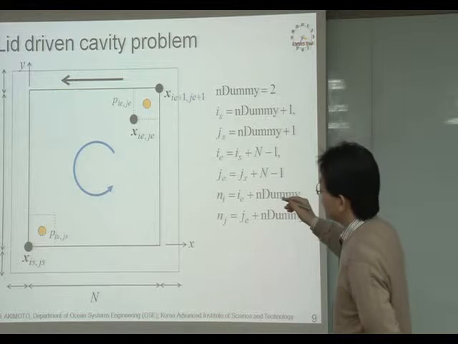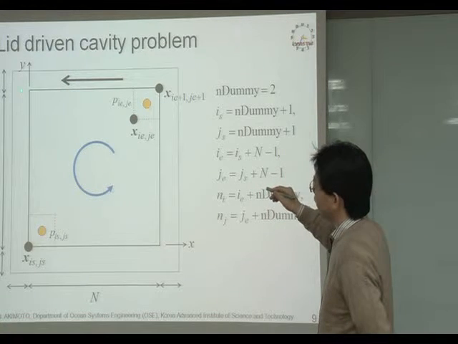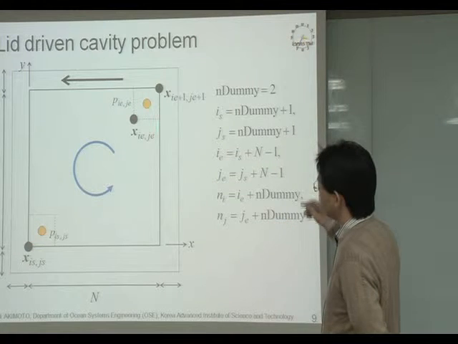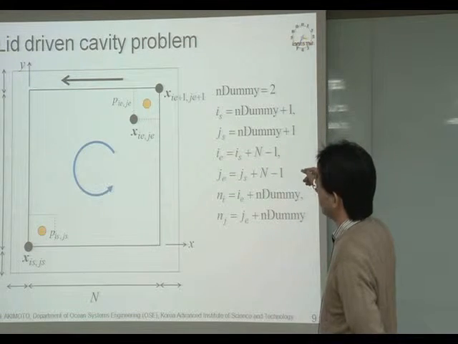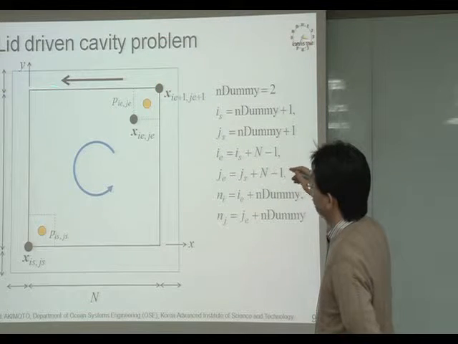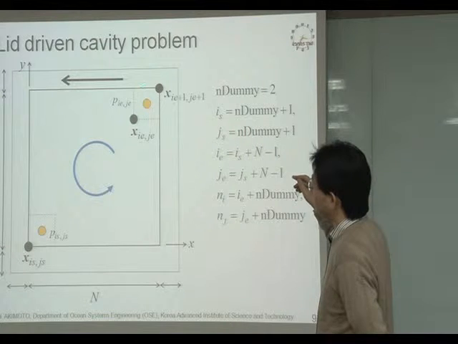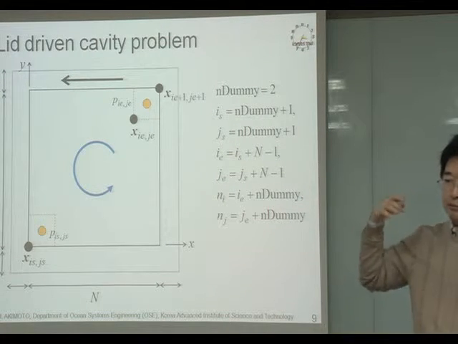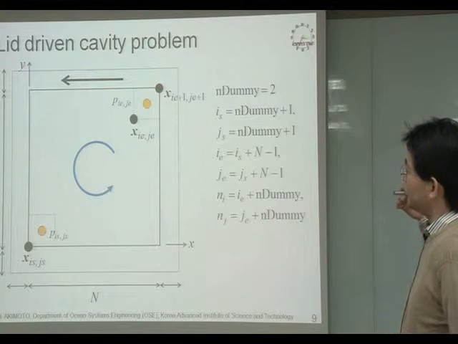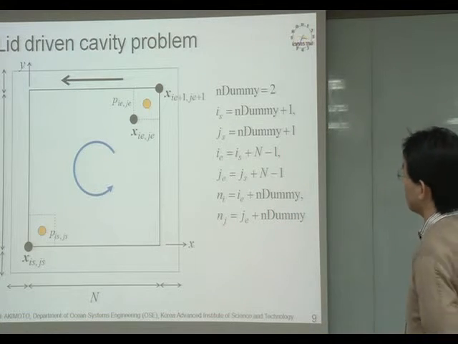And these lines should be non-slip boundaries. These three lines are non-slip boundary conditions, and the top face will also be a no-slip condition, but the wall is moving with a given specified velocity.